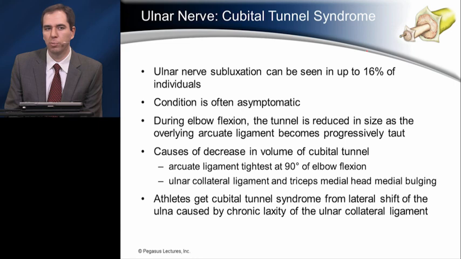But when patients have symptoms referable to the ulnar nerve, then the subluxation can be meaningful, and you should look for causes of cubital tunnel syndrome. Athletes can get cubital tunnel syndrome because of lateral shift of the ulna caused by chronic laxity of the ulnar collateral ligament.